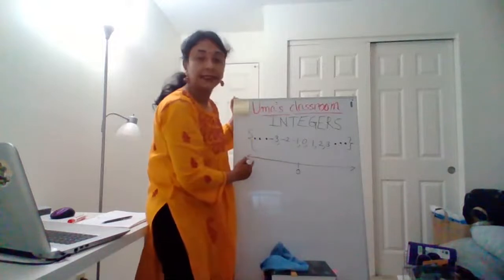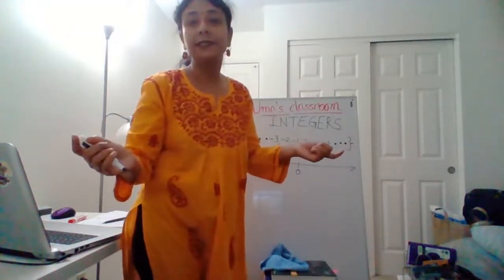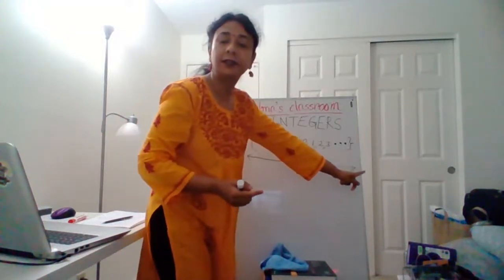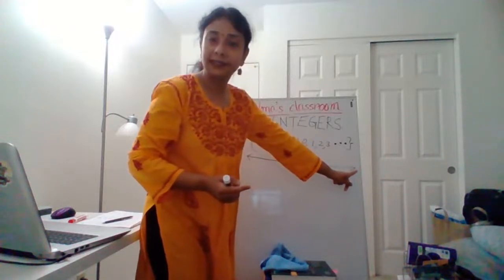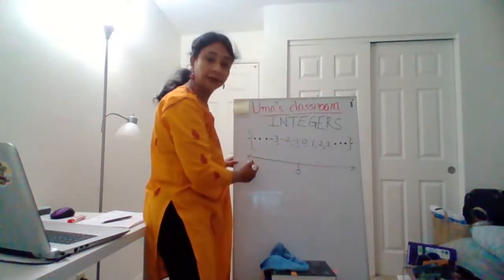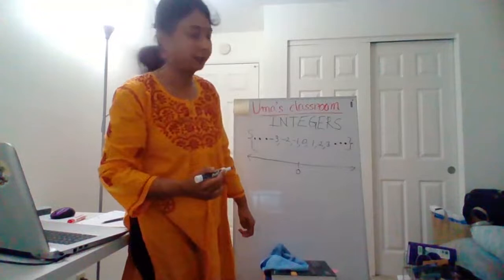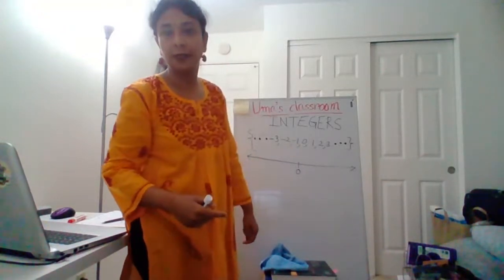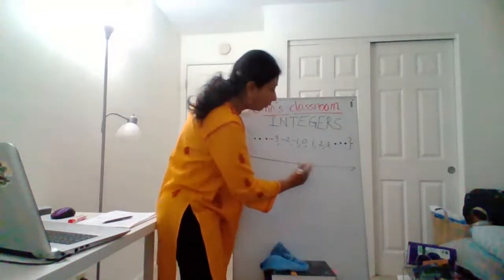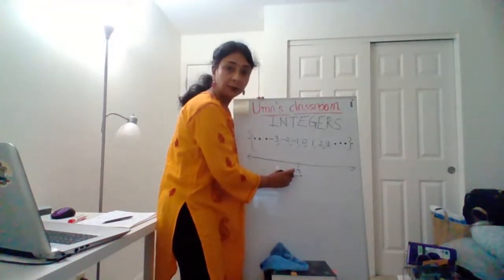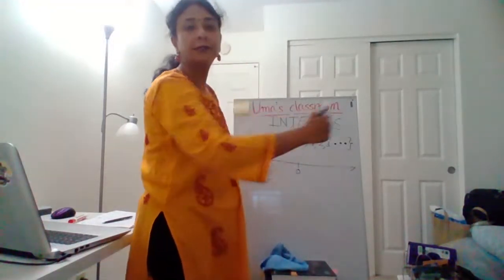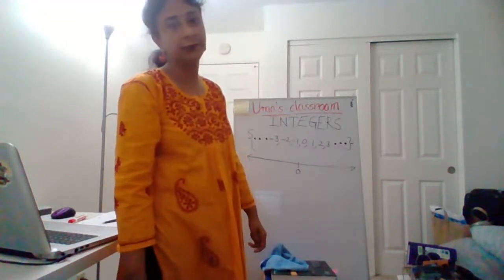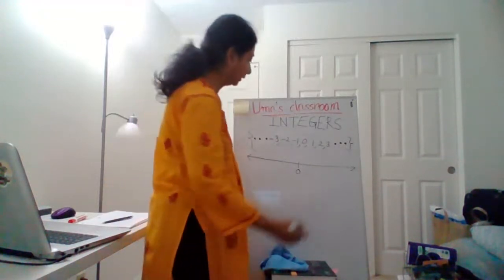These two arrows are actually indicating the limits. This side is indicating positive infinity, and this side arrow is indicating negative infinity. Now I'm going to represent a few numbers on this number line. Starting from zero, when I'm moving towards my right, it is always indicating positive integers.